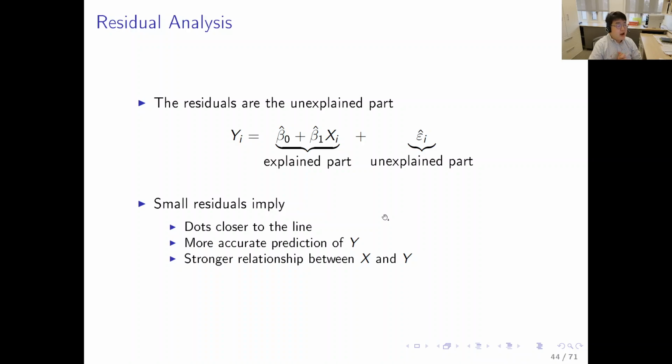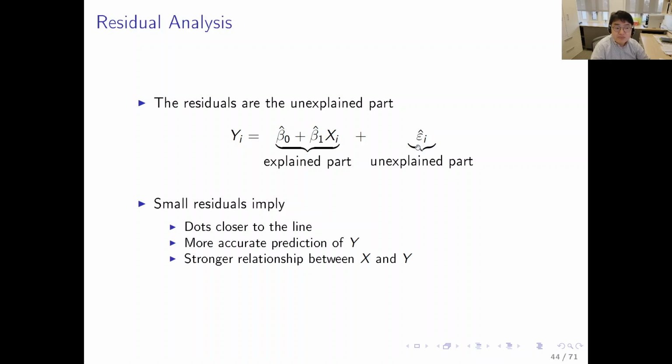Okay, and then now we are going to decompose the observed outcome into this. So this is the observed outcome, and we predicted the outcome to be this much. That is what we could explain by the regression model, right? Plus, if there is a difference, that is the residual.